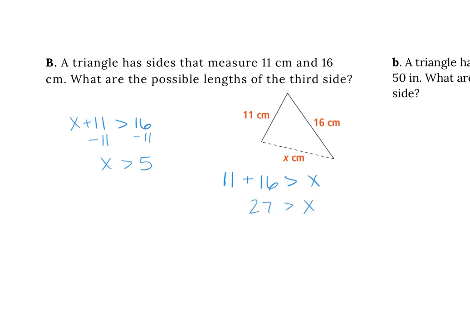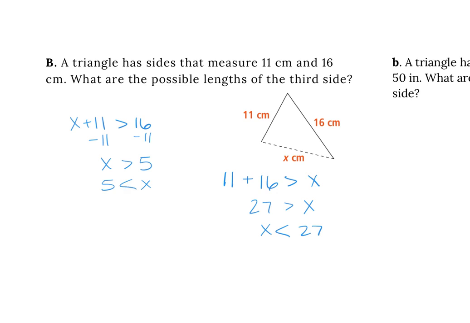I'll put all of these together then. I'm going to flip this inequality. It was opening towards my 27, it's still going to open towards my 27. I'm going to flip this inequality. My x is greater than 5.